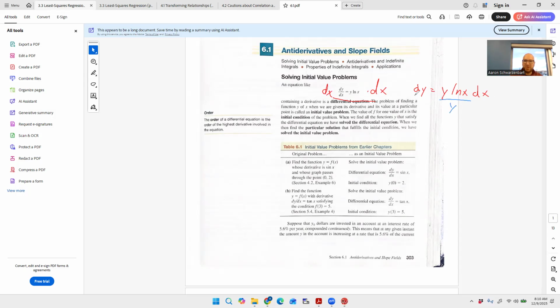So I'll divide both sides by y, giving me 1 over y dy equals ln x dx. Okay. Now I can integrate both sides.